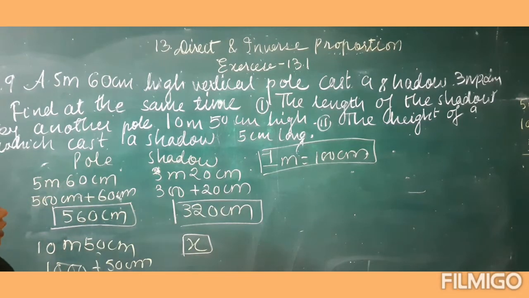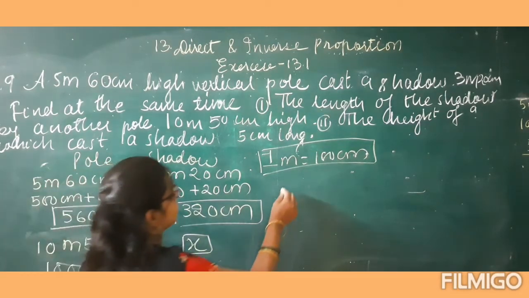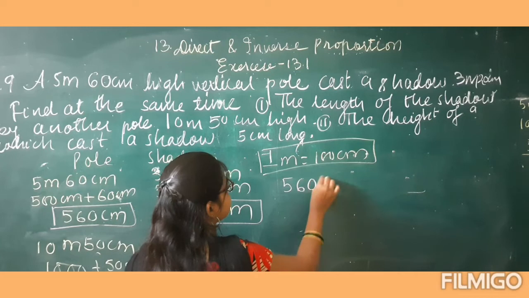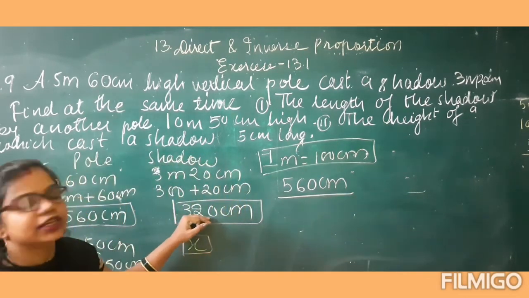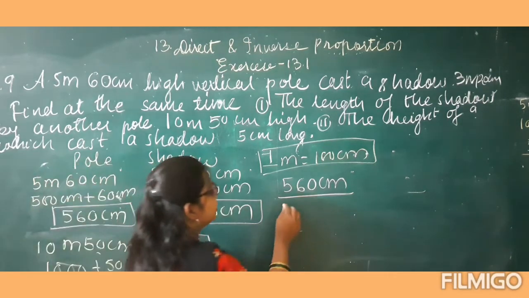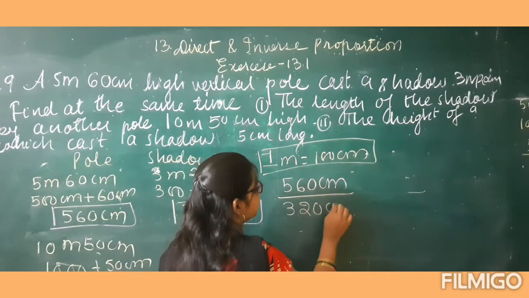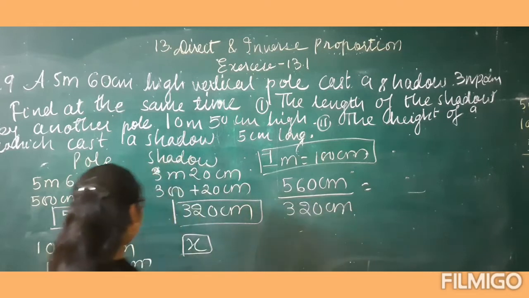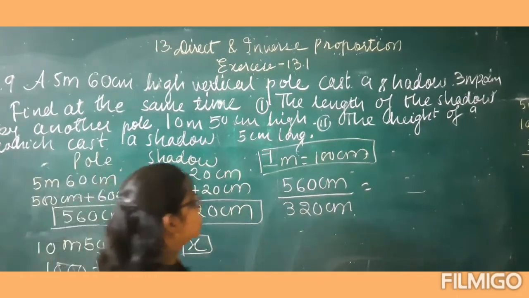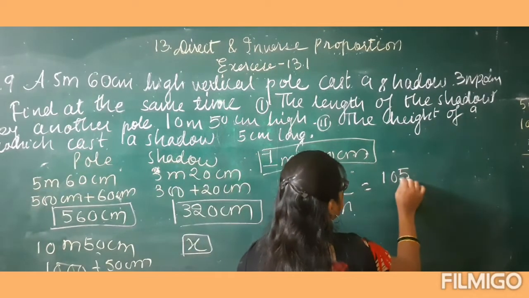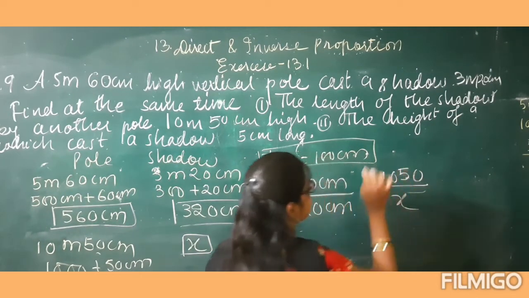So here I can write down, if the pole is 560 centimeter, it is making a shadow of how much? 320 centimeter. So you have to find out in 1050 centimeter what will be the shadow.